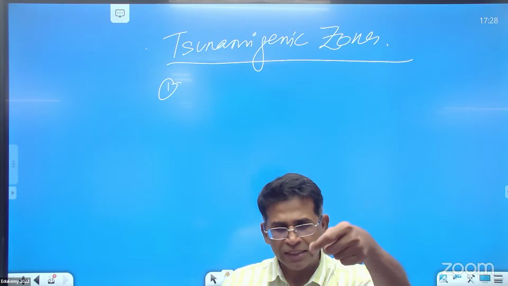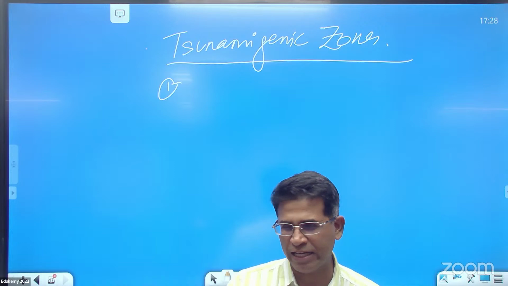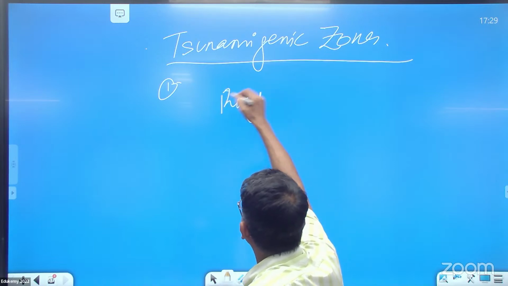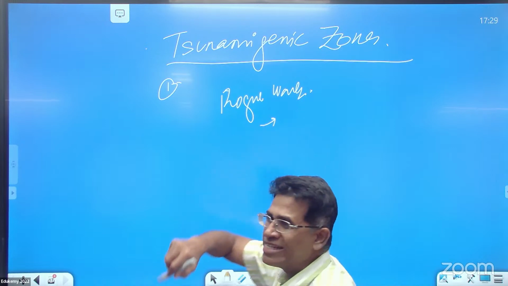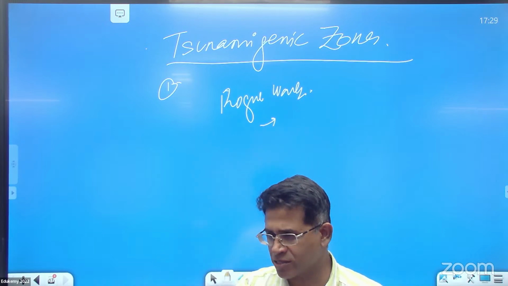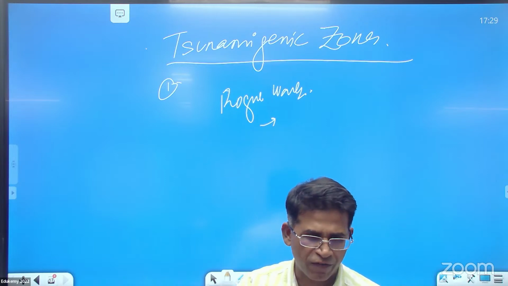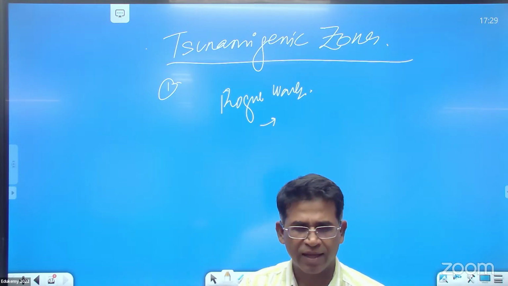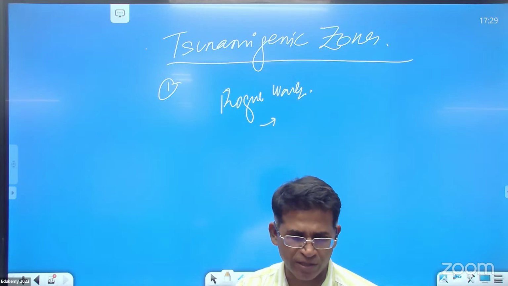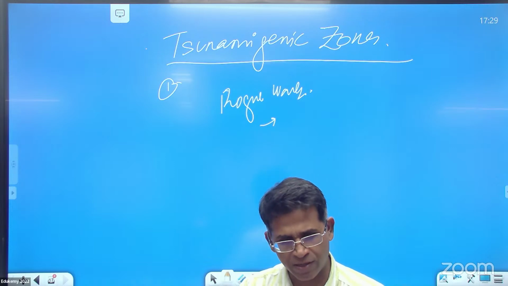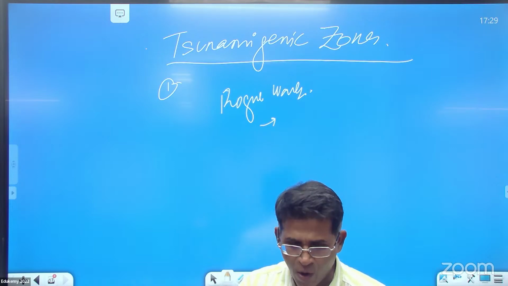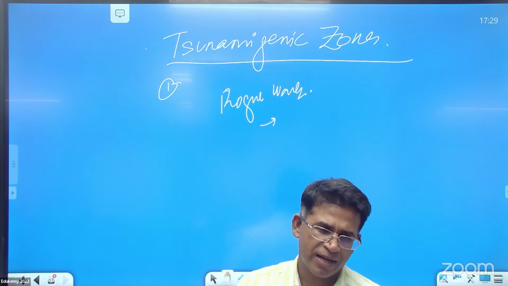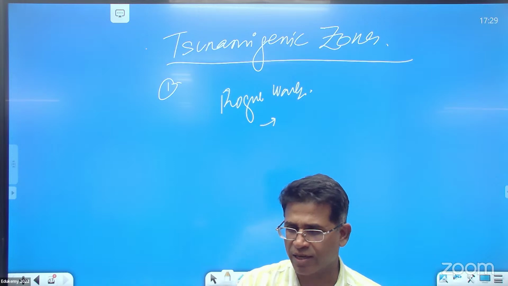What are tsunami-genic zones? Next point. Tsunamis are essentially rogue waves associated with disturbance of the waters because of underwater landslides, underwater volcanic eruptions, underwater tectonic movements, and ocean floor subduction.